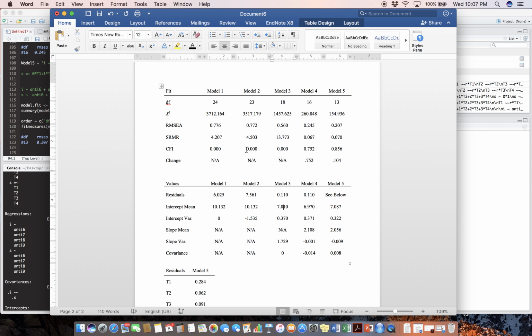And we're starting to see some change. In other words, we're starting to see the evidence of growth as we remove our restrictions. So the difference between 0.56 and 0.752 in the comparative fit index, we're seeing a change of 0.104 from Model 4 to Model 5.